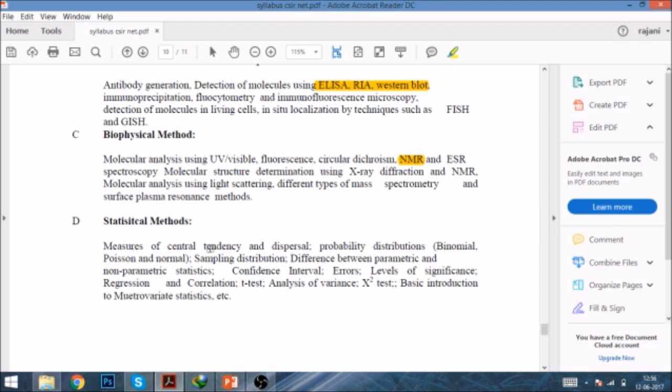And in statistical methods, generally chi-square tests are asked, and from previous year questions, simple theoretical questions are asked, like why we are not using the z-test, rather we are using the t-test. The t-test is used for small sample size and the z-test for large sample size. These types of questions can be asked.